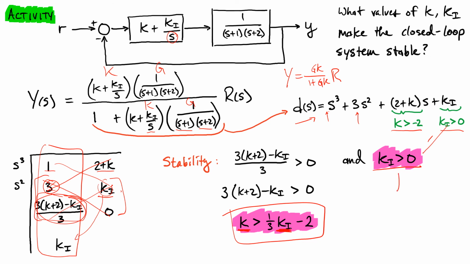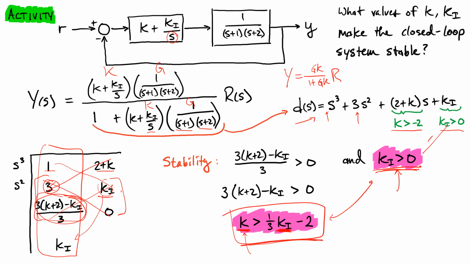We may pick this to be some value that's positive, but then that provides a constraint on how we pick K. So these two things aren't entirely independent. And that's important because if you want to maintain stability, you need to pay attention to this, which is a kind of static relationship, but then this will change as you change Ki.